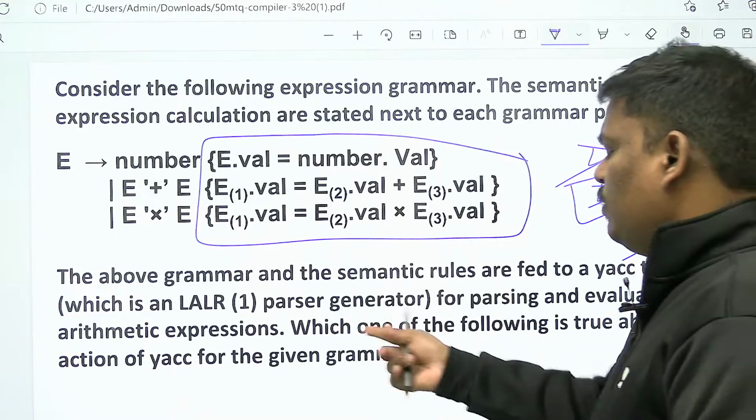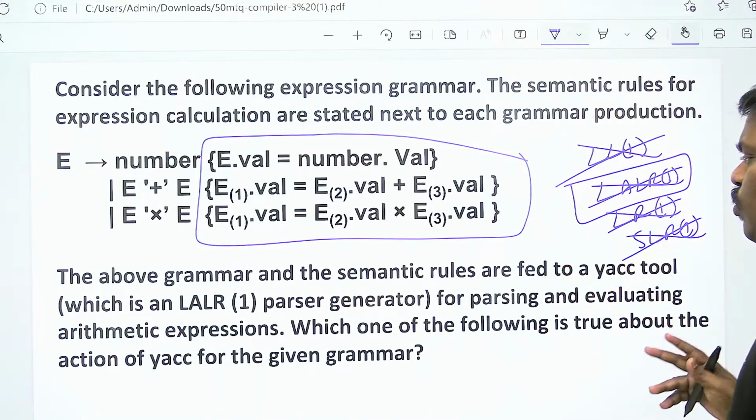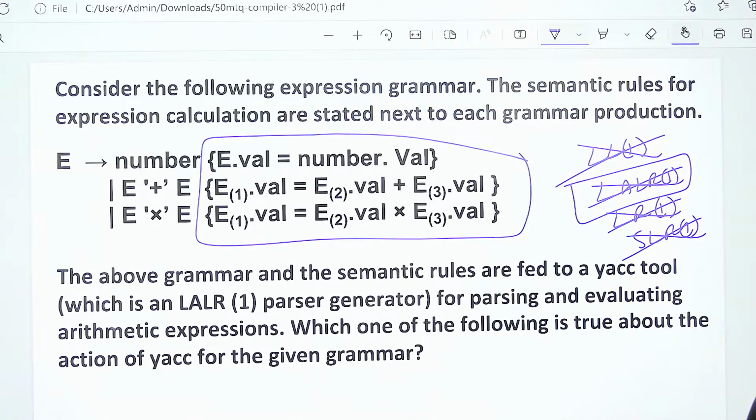See the problem, it talks about LALR1. That is the reason I am talking about LALR1. Please be careful. For the given grammar, if I construct an LALR1 parsing table, because it is an ambiguous grammar, it internally contains some conflicts. Now the question is how to eliminate those conflicts.